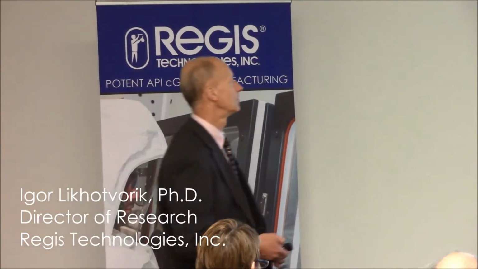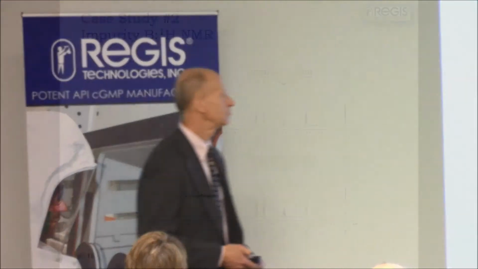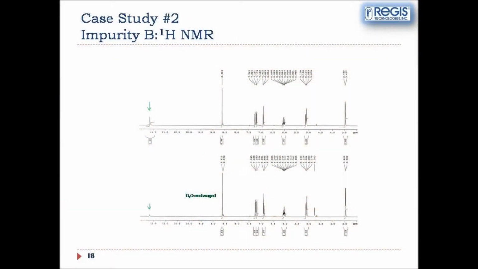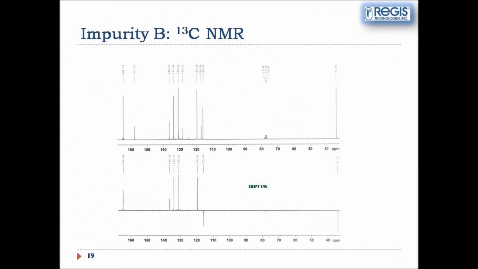Following a similar workflow, we elucidated another structure, which is a little bit more complicated. As before, this compound has an exchangeable proton. Both the carbon NMR and the DEPT-135 spectra give us good information about the number of carbons and the type of the carbons in the molecule.